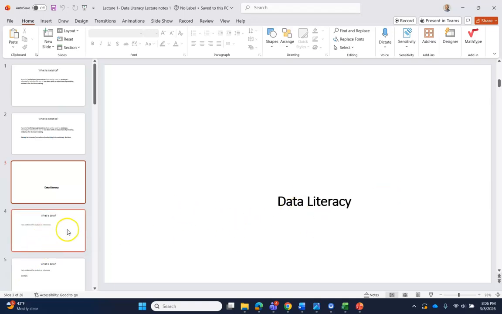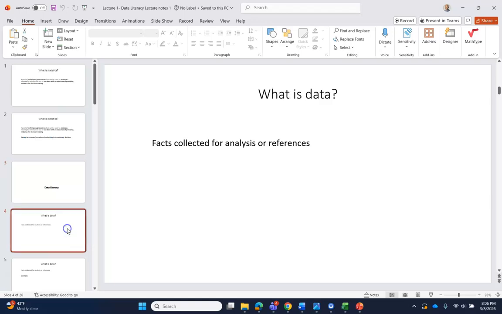So we started by looking at the definition of data. The question was, what is data? We saw that data are the facts collected for analysis or for reference. Facts can be collected for analysis now, or we can keep them for future analysis.